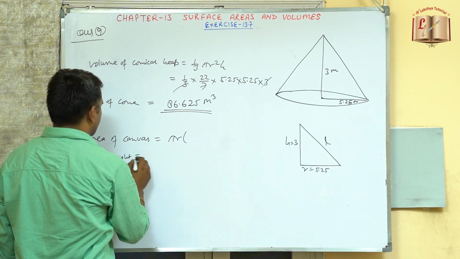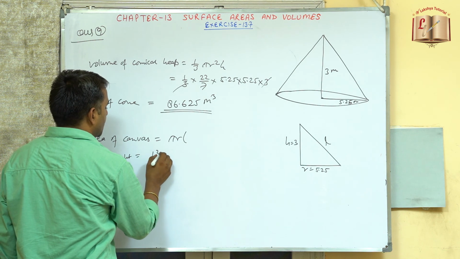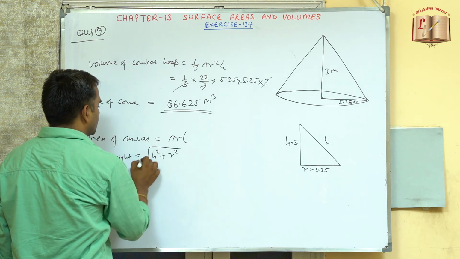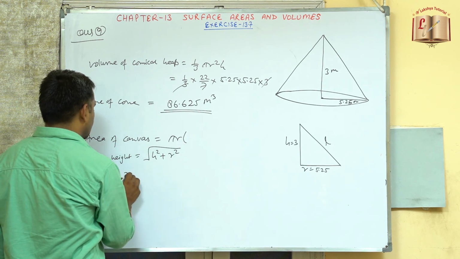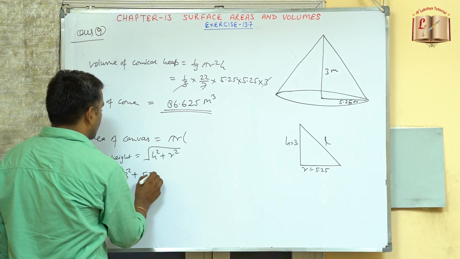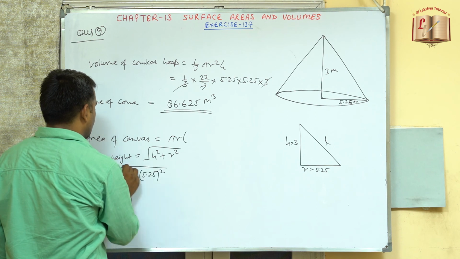So slant height will be equal to the square root of h square plus r square. So l will be equal to the square root of 3 square plus 5.25 whole square.